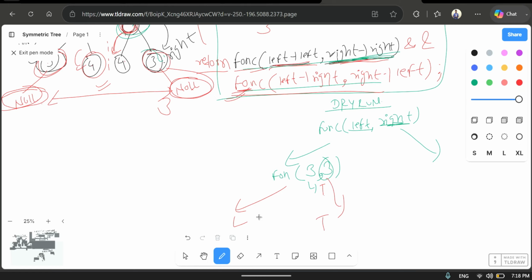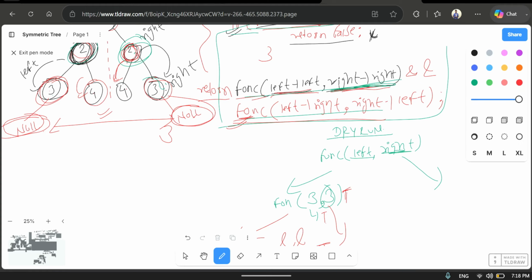Now since this gave you true and this also gave you true, from both sides this ampersand operator matches, and this function is currently holding a true value, which was called from the function with the 2 and 2 values, which was called from here. Now it is holding true.